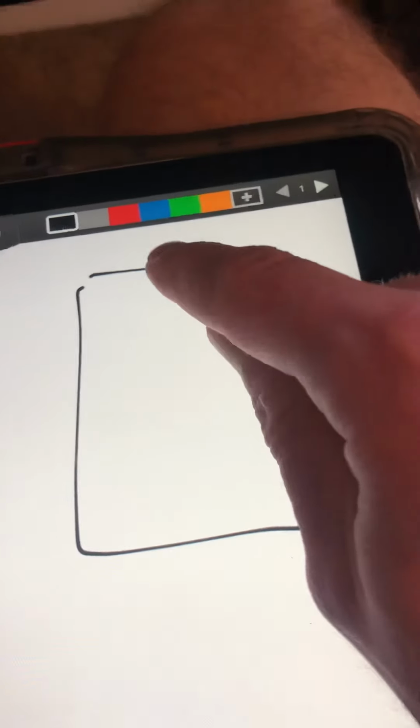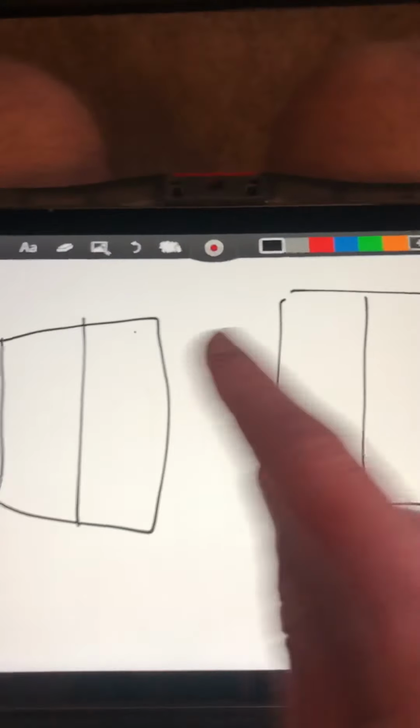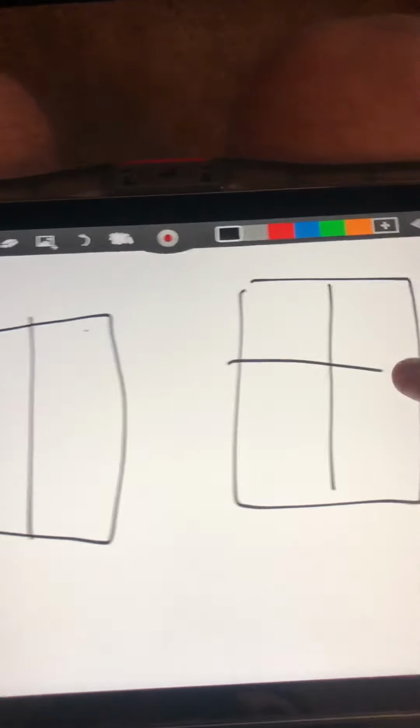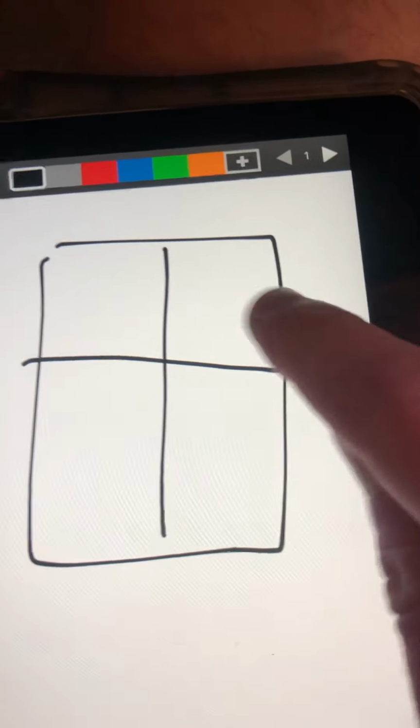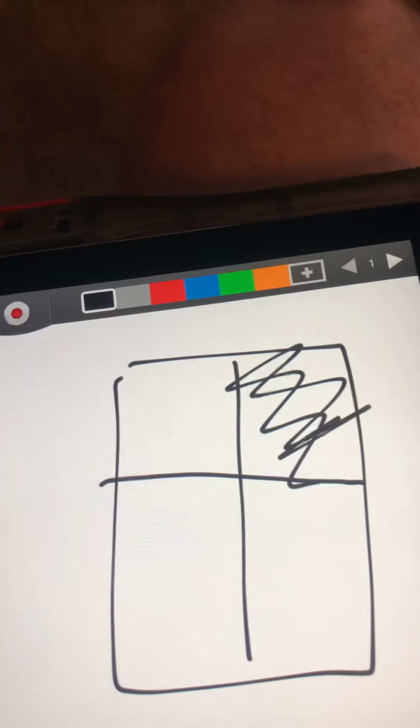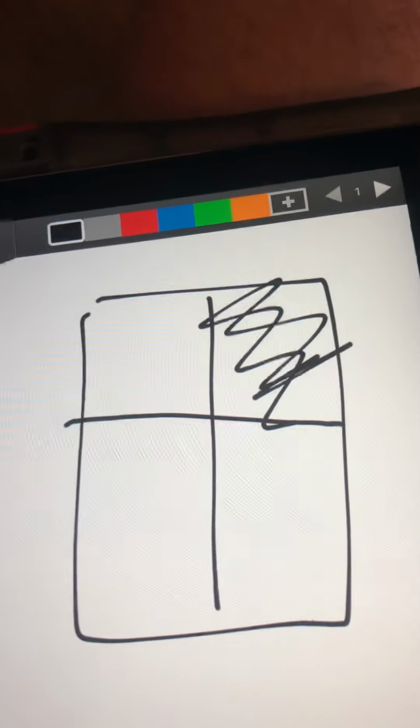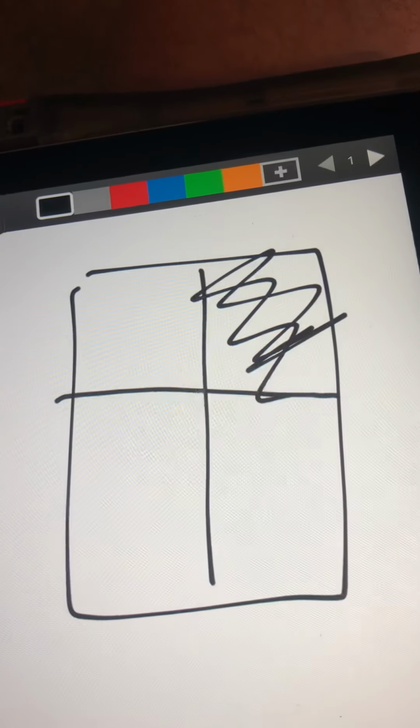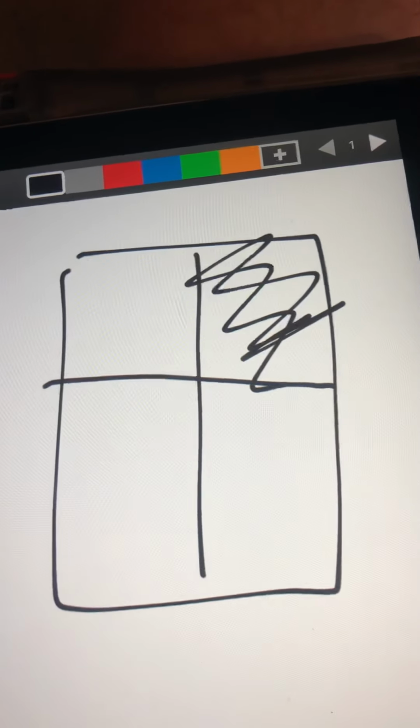Are we going to need to have more shares or less shares? Well, if we cut it once, they're the same size. But if we cut it again, oh, now you see how this is a lot smaller than this. So by cutting into 4 equal shares, it's a lot smaller.